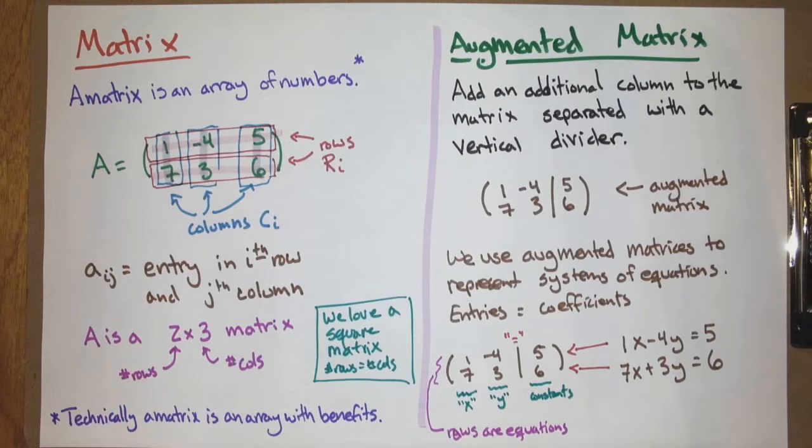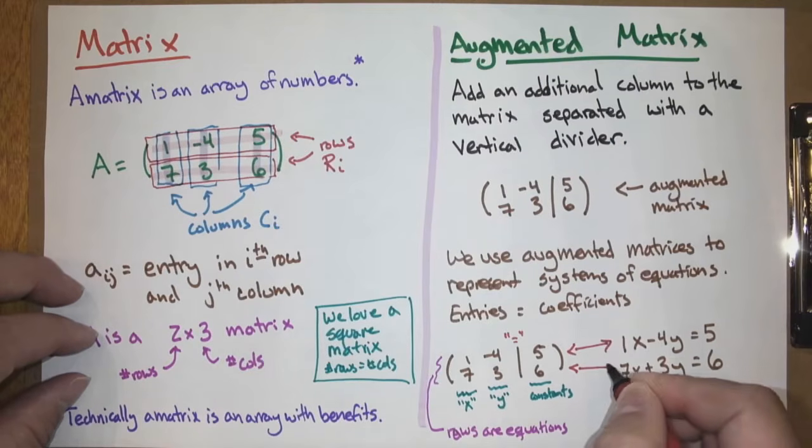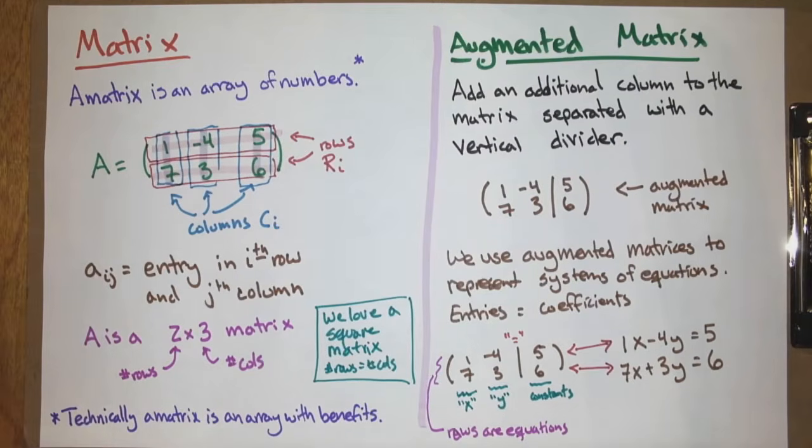And so we can put a system of equations into an augmented matrix. Of course, we can go the other direction. If we have such an augmented matrix, we say, oh, this corresponds to a particular system of equations.